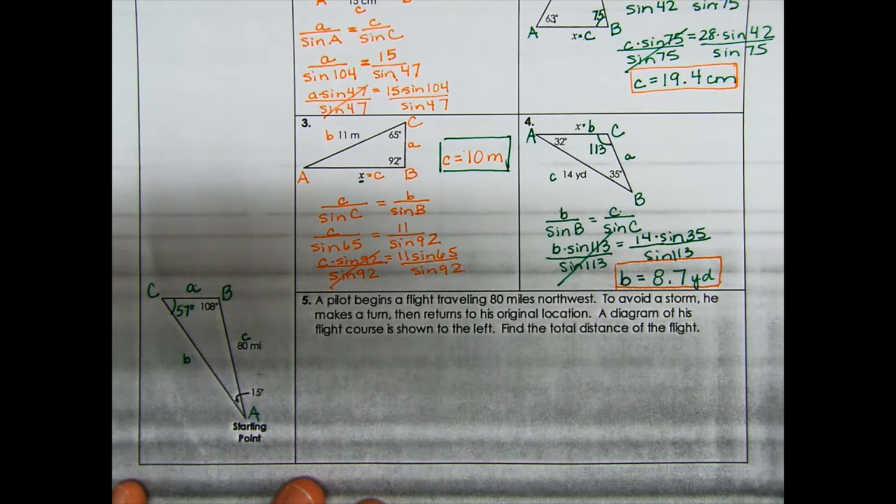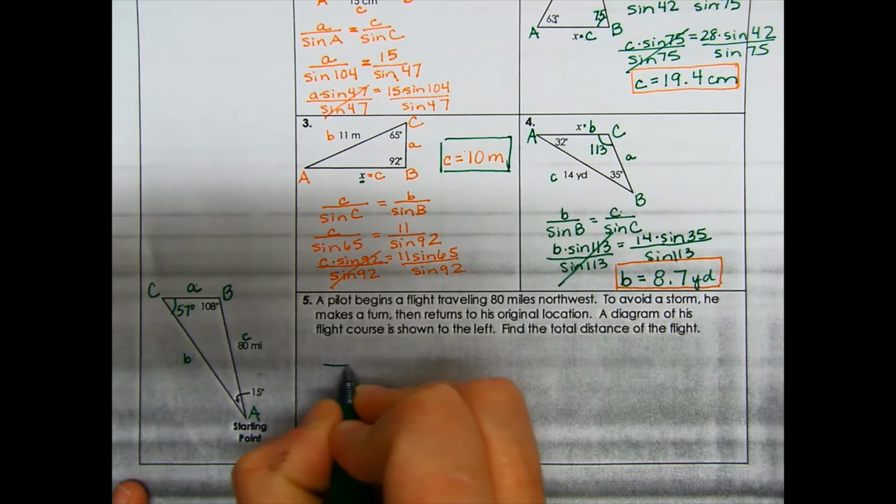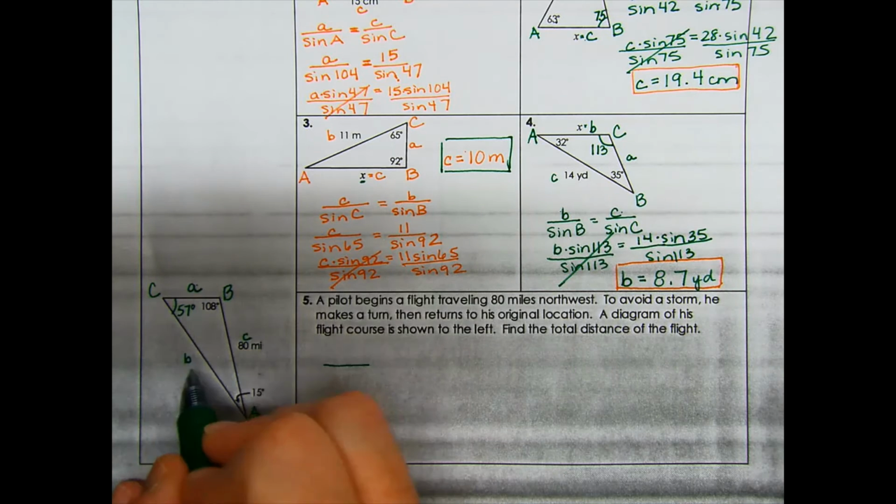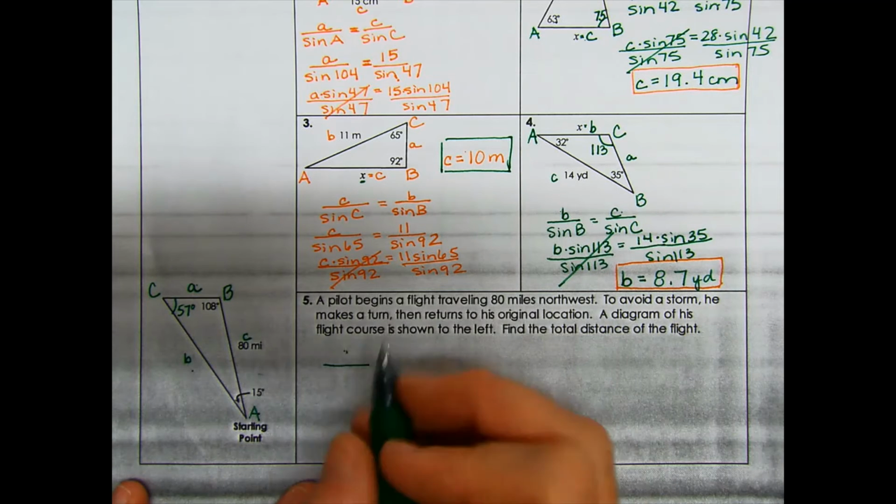Just like in all the problems we've done up to this point, we're actually looking for lengths of the sides of the triangles. So that means I need to be sure that I have the unknown length of either a or b in this numerator. So let's go ahead and put in a first.